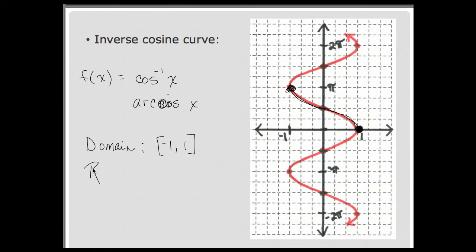And the range, which are our y's, notice how this is going from 0 to pi. But in doing that, notice how you're taking care of negative cosine values and positive cosine values. So pretty much you've got all your bases covered. That's kind of how they came up with these. Once again, it's this range part that you really need to know.